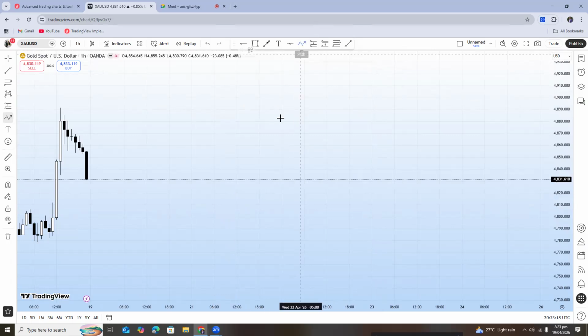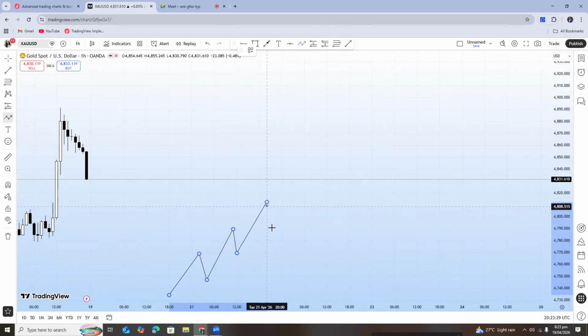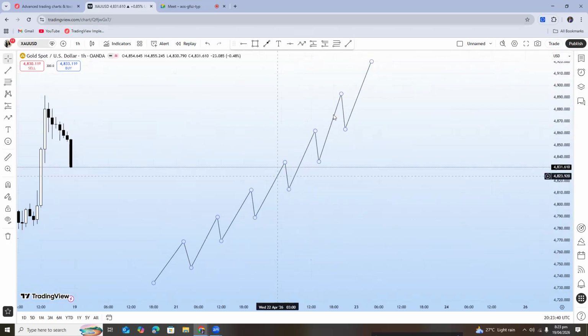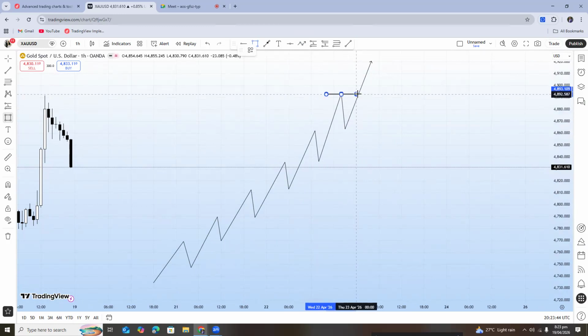All right. So when a market is in an uptrend, in theory, we expect that the market will behave like this. Of course, it doesn't always look like this. But then we say that this right here is called a higher high.